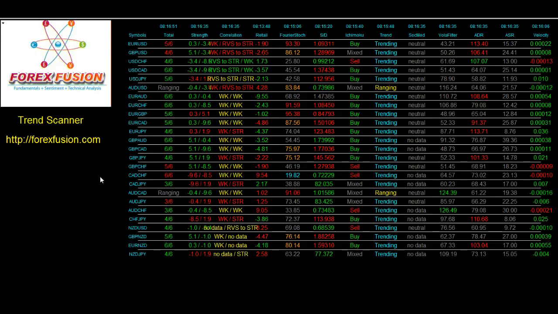But the most important use and the smartest way to use this is to use the group alerts. The group alerts relate to this column here called total, and total is an important summary of all the other columns in the scanner.